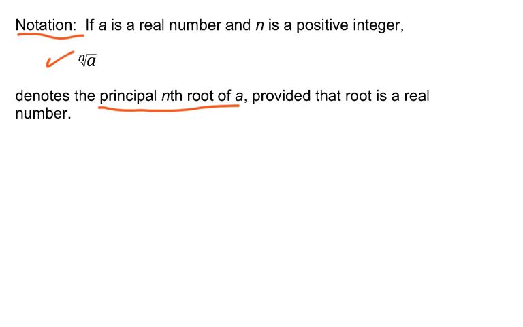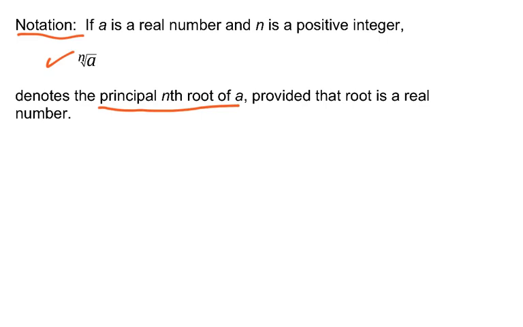Many people get sloppy, and I probably will slip myself and say that symbol represents the nth root of a, but it represents the principal nth root of a, provided that root is a real number. And for the time being, we will just write not a real number when it's not.